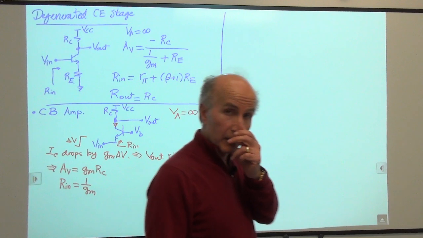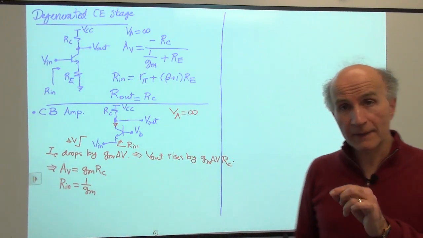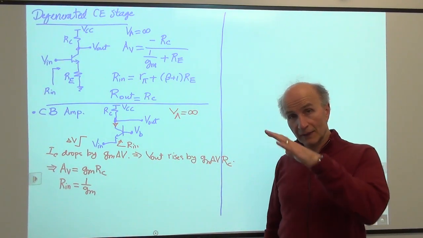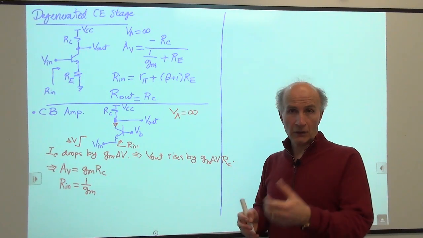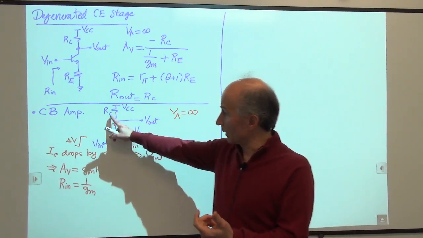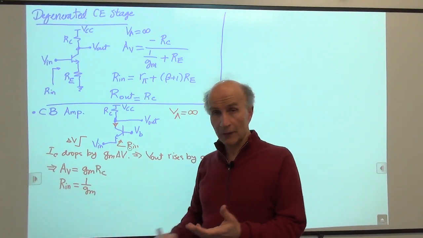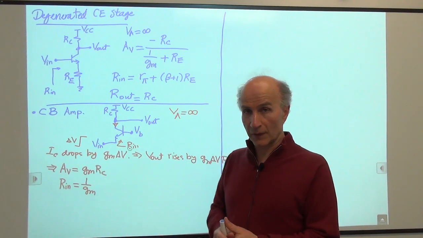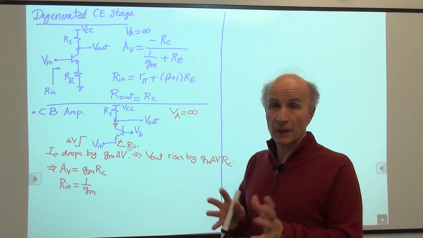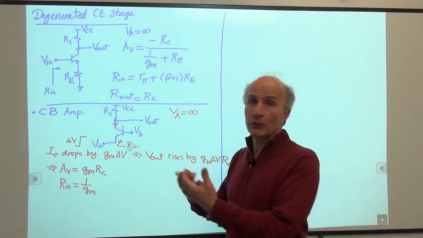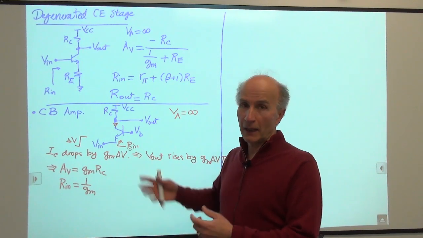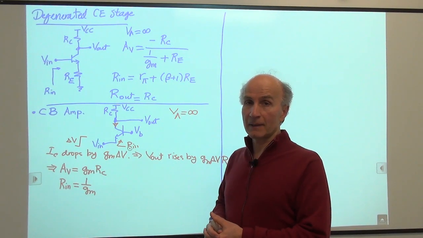So the input impedance of a common base stage is relatively low because 1 over GM is a relatively low resistance. If the bias current is 1 milliamp, 1 over GM is about 26 ohms, so it's a pretty low resistance. There are some applications in which we would like to have a low input resistance for our circuit. In those applications, we might use a common base stage.